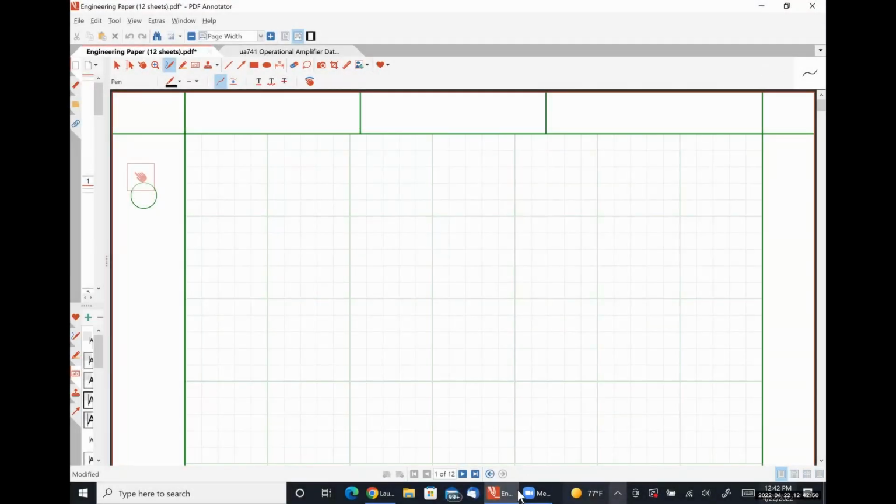Today we are going to be talking about the frequency response of the common gate amplifier.